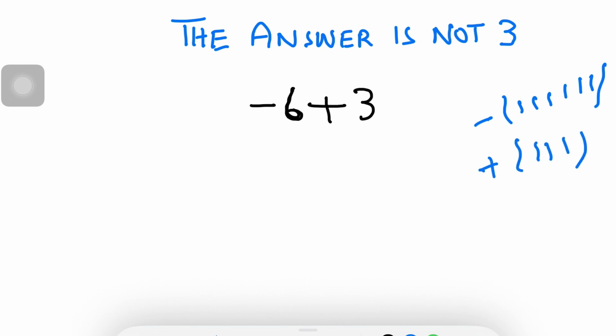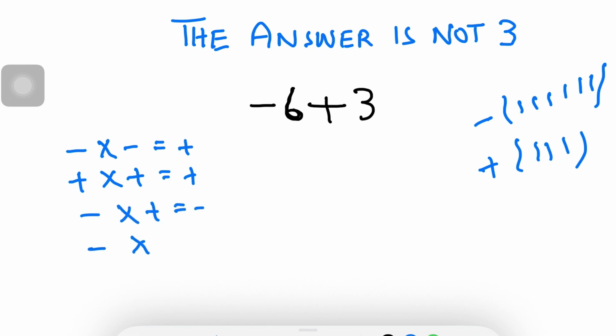Now when we solve minus 6 plus 3, we remember minus into minus is equal to plus, plus into plus is equal to plus, minus into plus is equal to minus, and minus into minus is equal to minus.